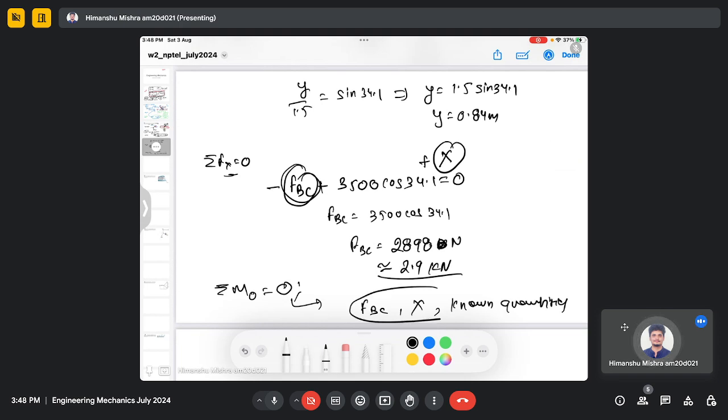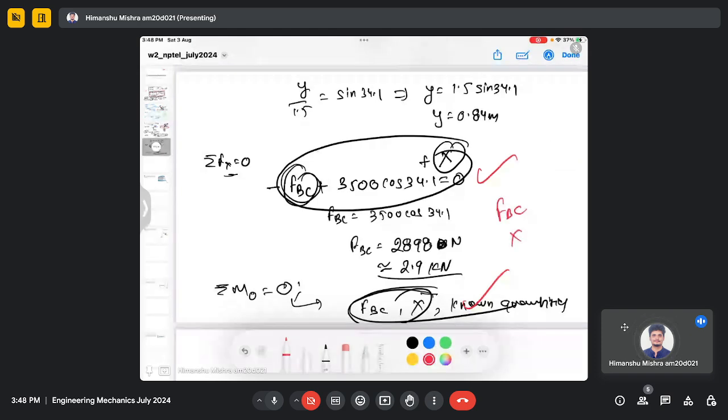Now you have two unknown quantities, and using these two equations you can calculate FBC as well as x. But luckily we have only FBC as an unknown quantity, so for now we don't need to use this moment equilibrium equation.